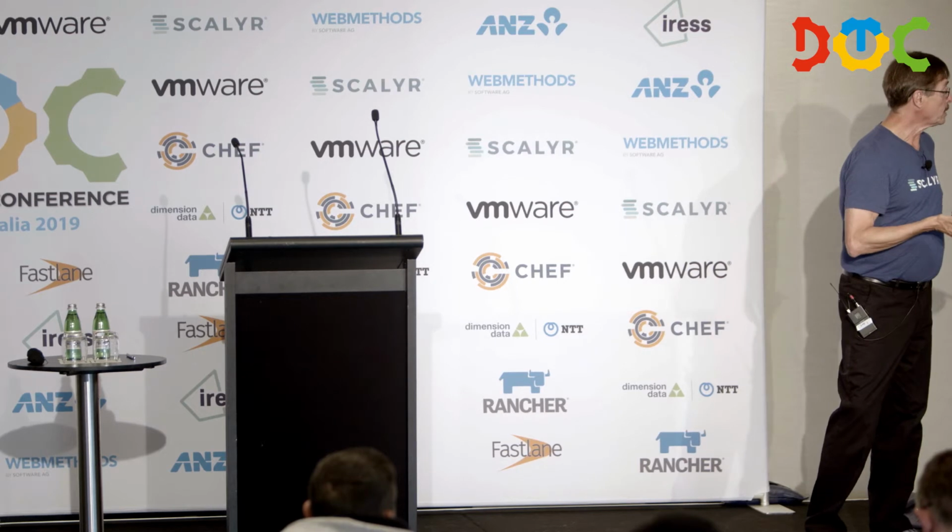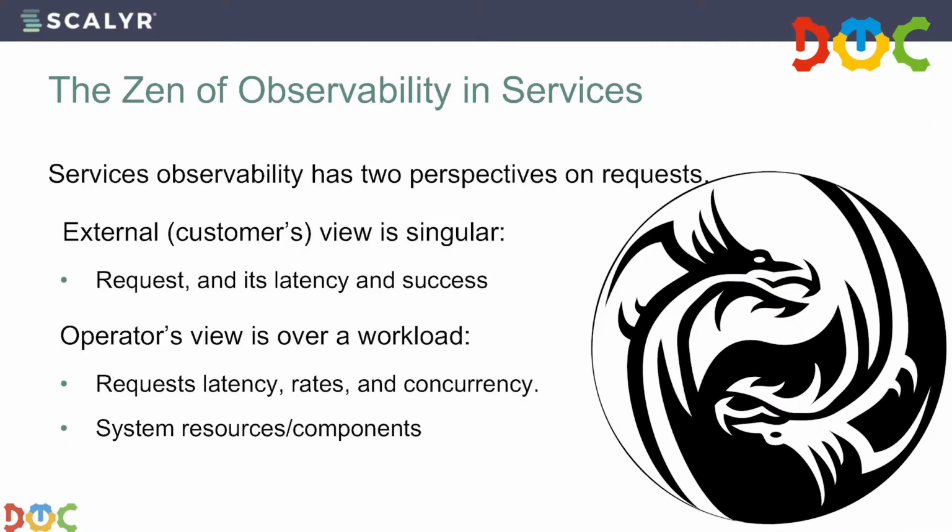So in this space in general, I talked a little bit about this, it really comes down to observability having 2 aspects here. One is the customer's view. Is our customer happy? And they're usually happy with, my request got handled, the latency was fine, and it was successful. That's really kind of their 3 things.